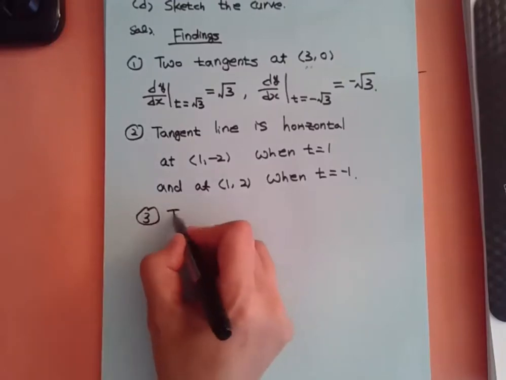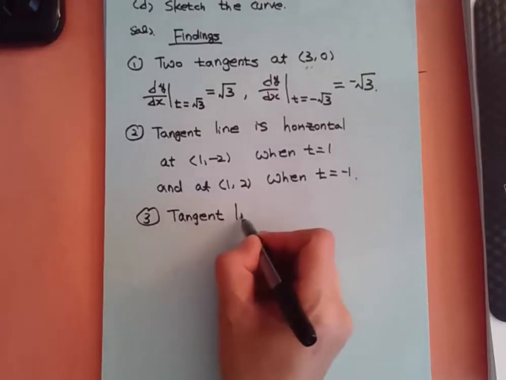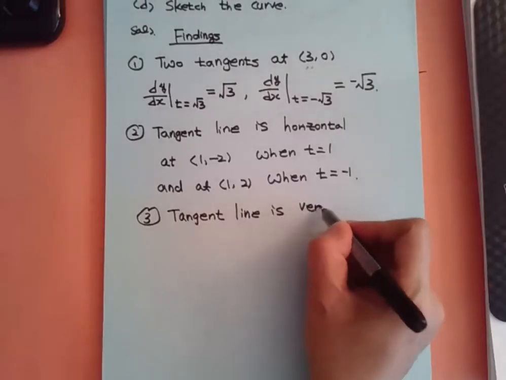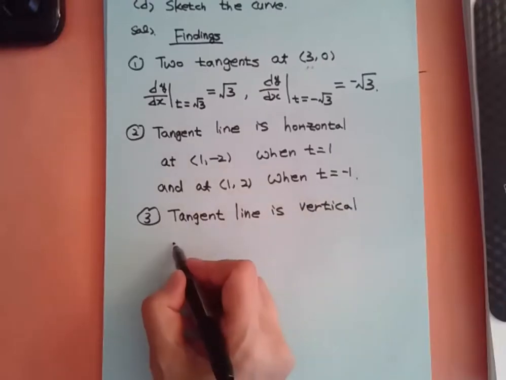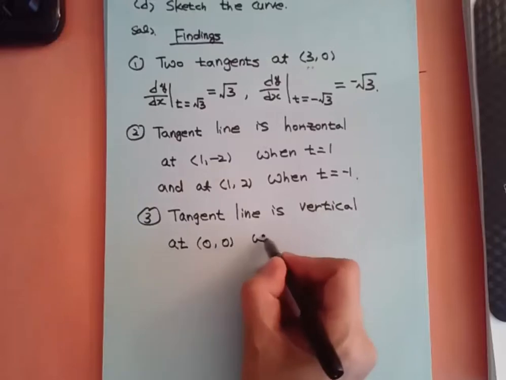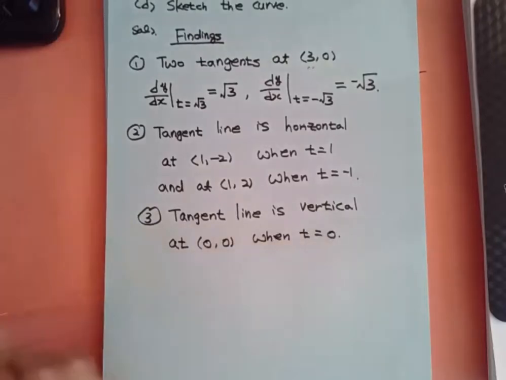And then we discussed where the tangent line is vertical. The tangent line is vertical at (0, 0), when t equals 0.